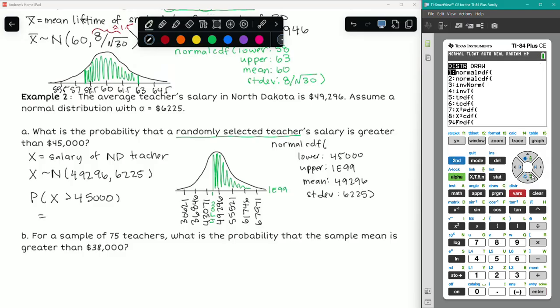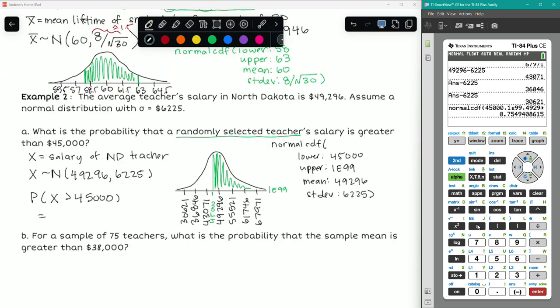Second bar is to pull up normal CDF. And we get 0.75494, so about 75.5%.